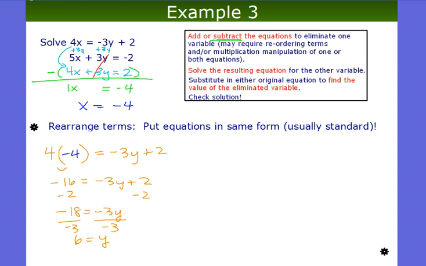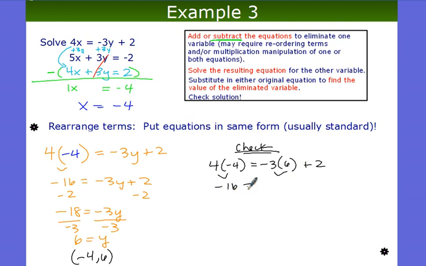So I now have an x and a y. I'm going to write them as an ordered pair, (-4, 6), and then check that ordered pair in both of the equations. My original first equation was 4 times x, which is -4, equals -3 times y, which was 6, plus 2. I do my multiplication and get -16 equals -18 plus 2.